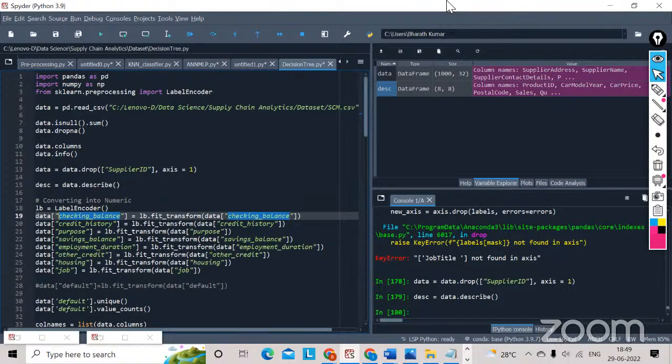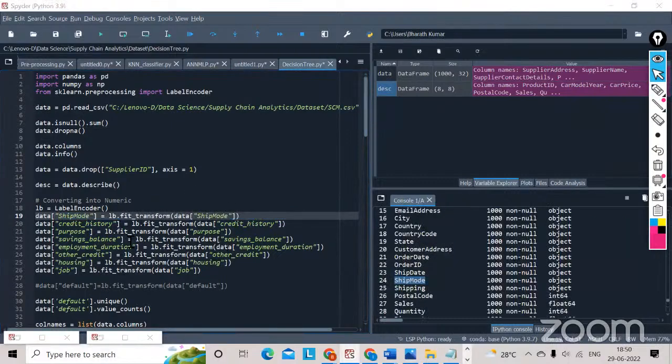I will say shipping mode, credit card mode as well. These are a few features that I will be converting.